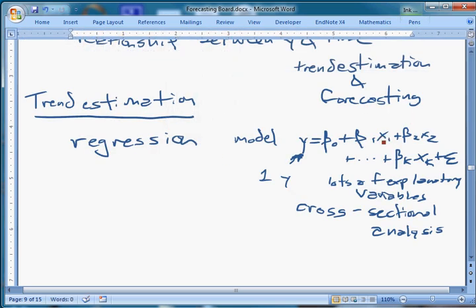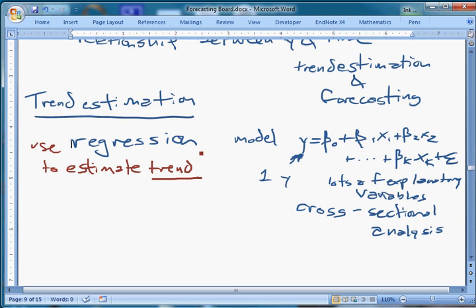We're not going to look at education and income. What we're going to do maybe is income over time. So we're going to use regression to estimate trend. If you recall, trend is one of the ways in which a variable could be related to time.